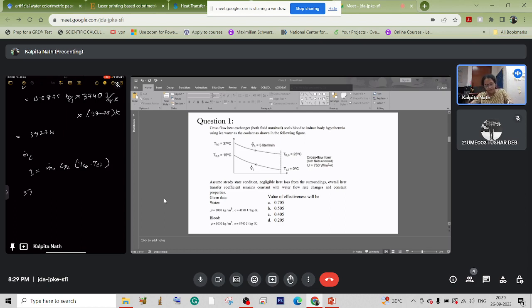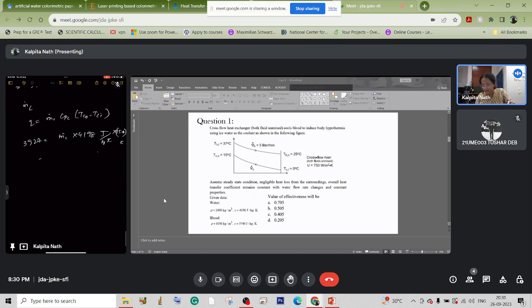So 3927 is equal to mc dot into 4198 joule per kg Kelvin into 15 minus 0 Kelvin. So mc dot will come out to be 0.0624 kg per second.